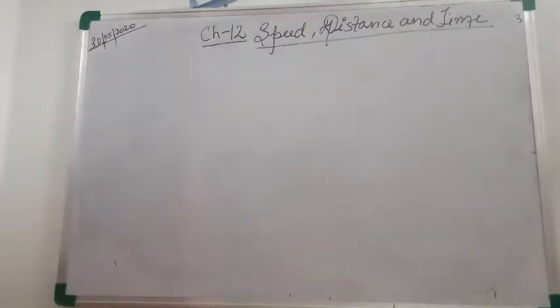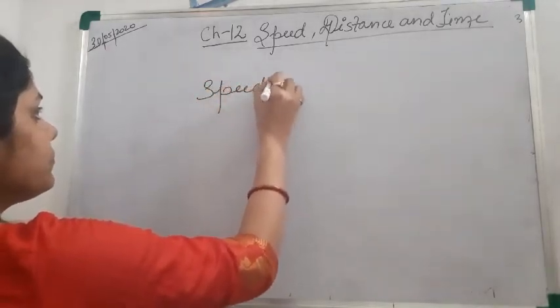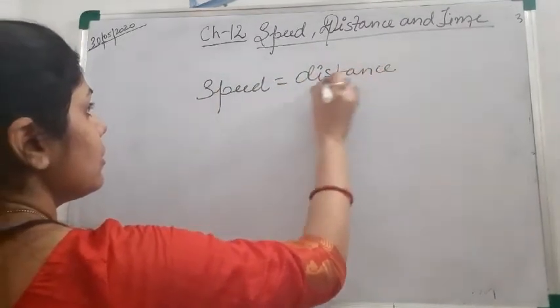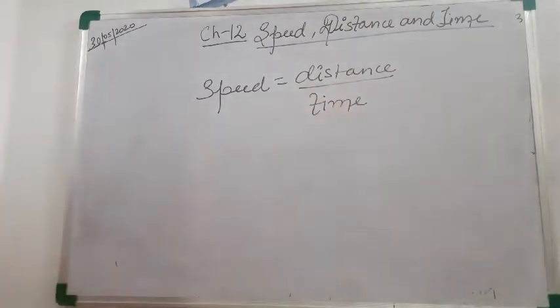So what is speed? Speed is equal to distance upon time. How can we define speed?